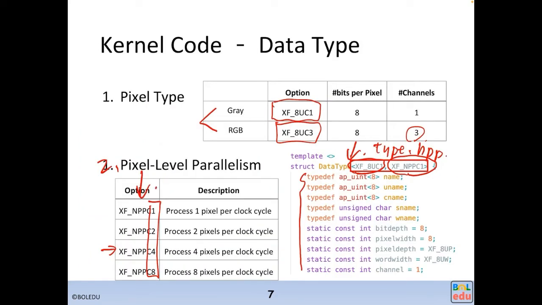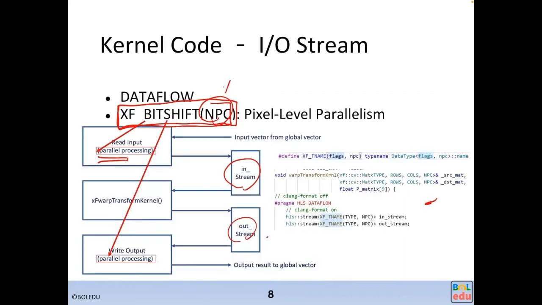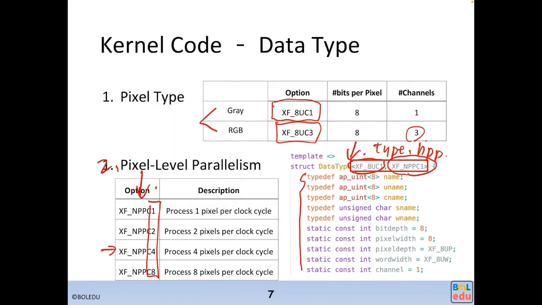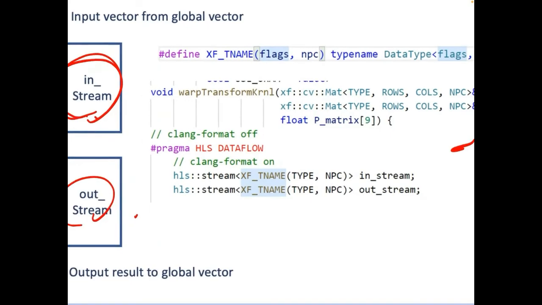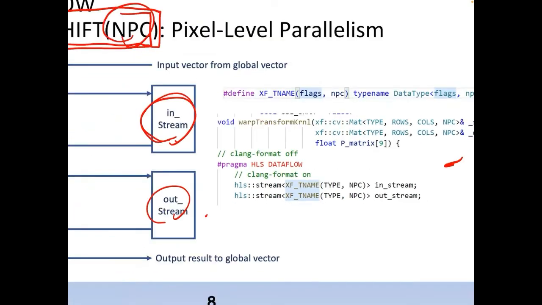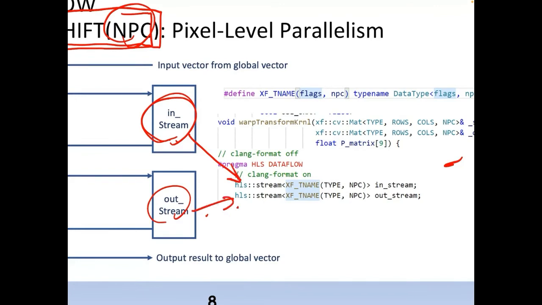Yes, so if we use, for example, MPPC2, then it will read 2 pixels per cycle in this stream. Also, this input stream is defined here, and output stream is defined like this.